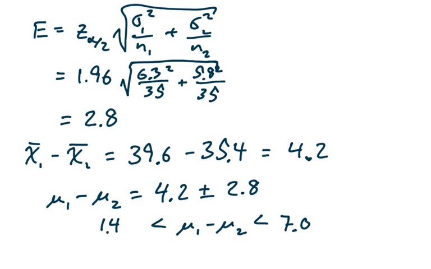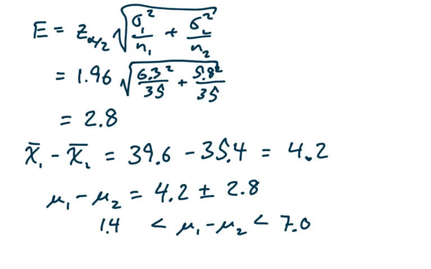So with 95% confidence, the difference in the, let's call it the younger group's leisure time and the older group's leisure time, since the younger group appears to have more leisure time, we're taking mu1 minus mu2. And that difference is 95% of the time somewhere between 1.4 and 7.0.